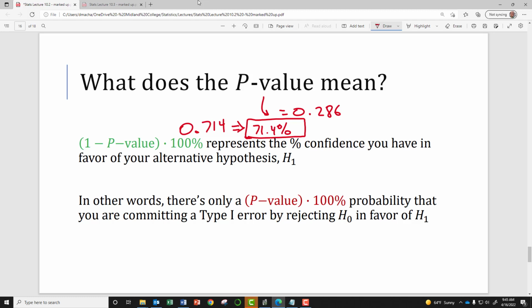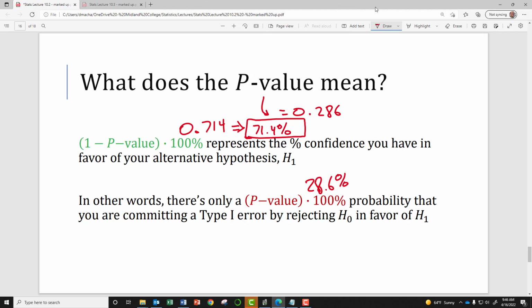It gives me 71.4% confidence in my alternative hypothesis. In other words, there would only be a 28.6% probability that we would be committing a type 1 error. There's only a 28.6% probability that we would be wrong to reject the null hypothesis.